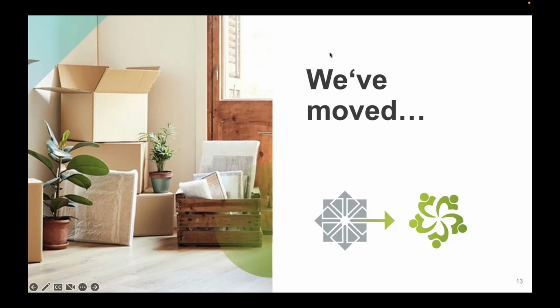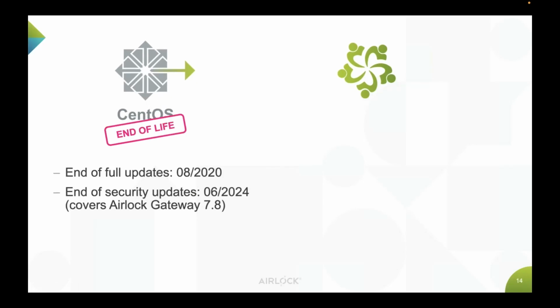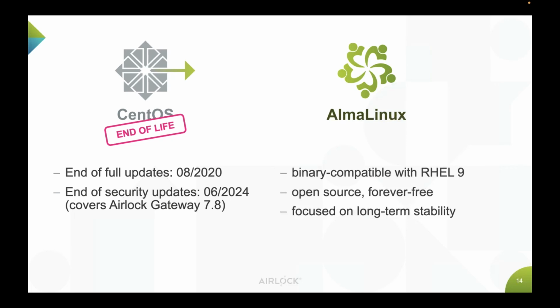Okay. So where have we moved and what have we moved? Well, we have moved from CentOS to Alma Linux. And it has been notified before that CentOS has reached end of life. Full updates already stopped in 2020, and security updates will still be provided until 2024, which is good for us because it covers Airlock Gateway 7.8, which is still based on CentOS.